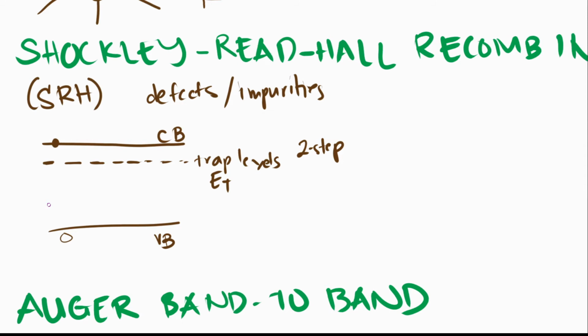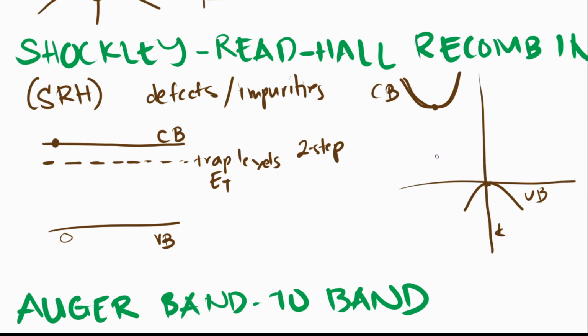Diba sa indirect bandgap natin, ganito siya. Let's say ito yung valence band, and you have your conduction band here. Hindi sila same ng K value. Their K is not the same. So, para magkaroon tayo ng ating conservation of energy and momentum, yung trap levels natin dito, this would facilitate yung ating change.